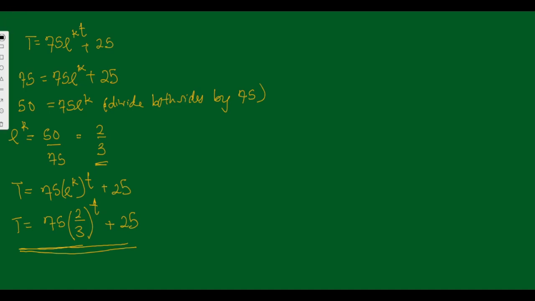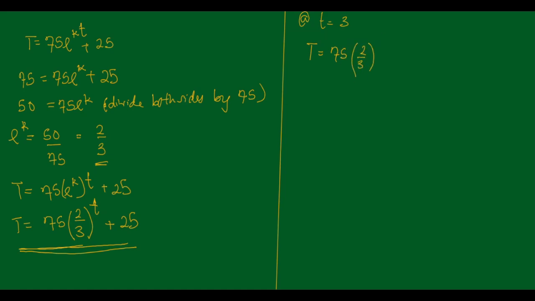So the question now asks us to find the temperature of the body after 3 minutes, that is when the time is 3. So we can now solve that. At t equal to 3 minutes, we have the temperature to be equal to 75 multiplied by (2 over 3) raised to the power of 3 plus 25.